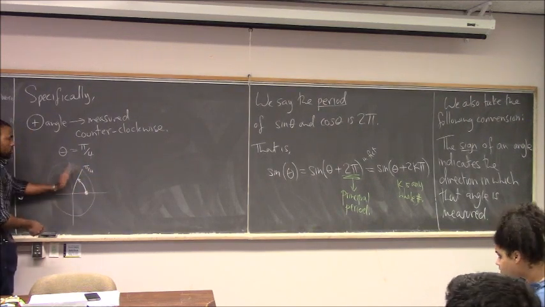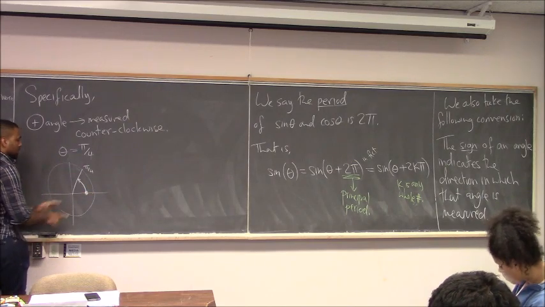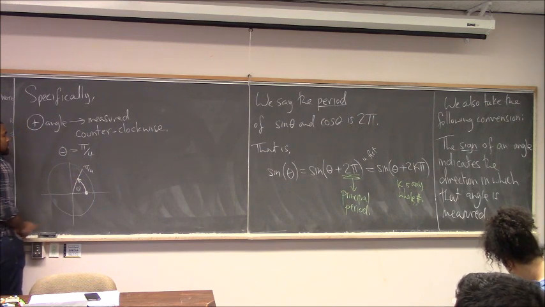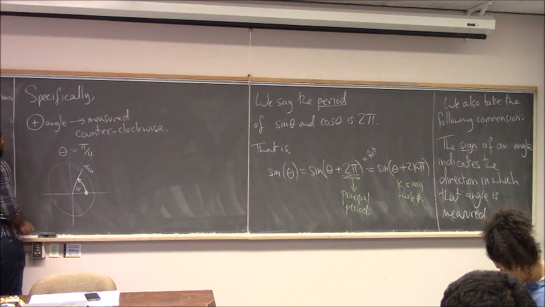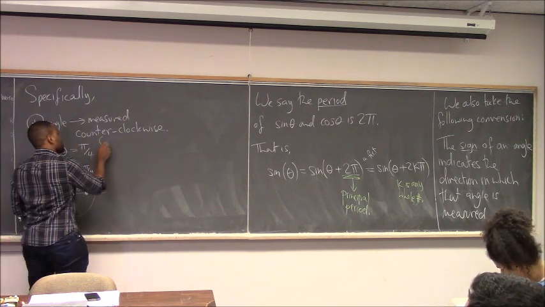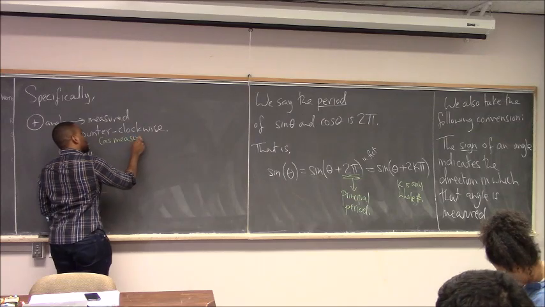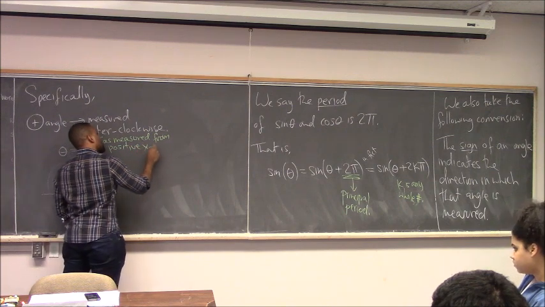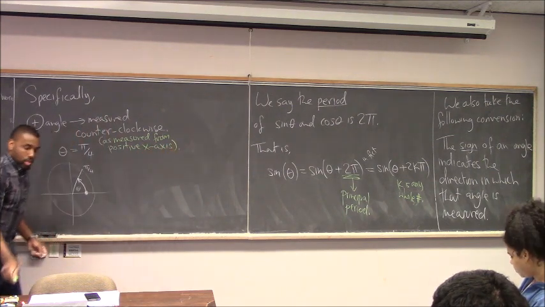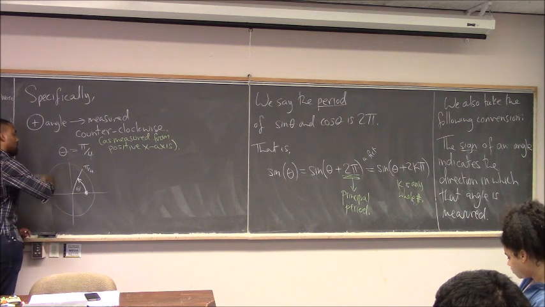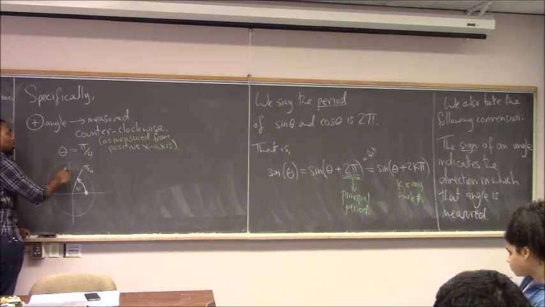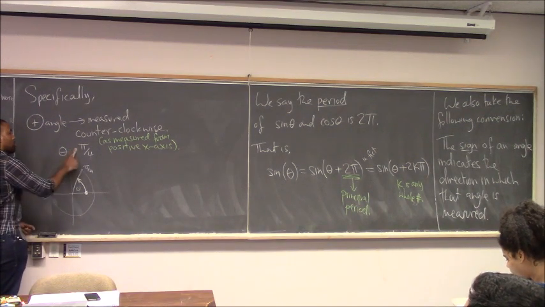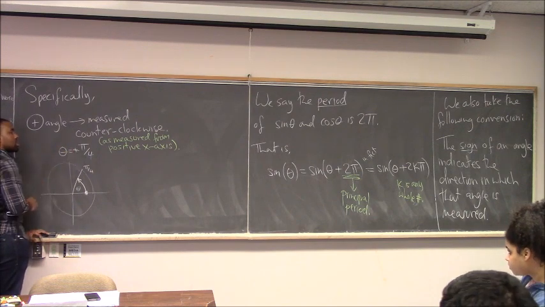By the conversion, you realize that pi over 4 is 45 degrees, so it should be midway here. So this theta is measured as positive pi over 4 because it's measured from the positive x-axis. You start from the positive x-axis, and then you travel counterclockwise, and you keep going until you hit a certain theta value. That would be positive pi over 4, so I can write positive here for emphasis.